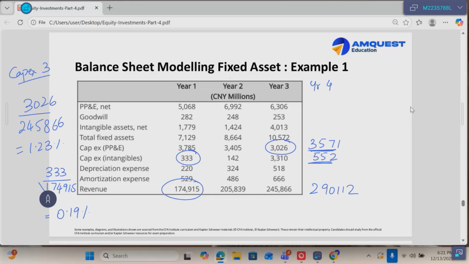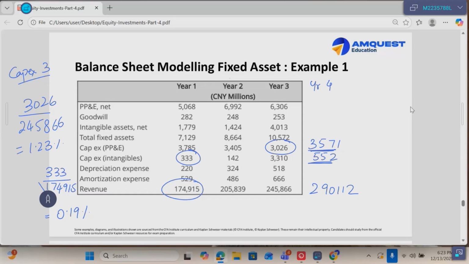Let's see next. Goodwill is to remain at year 3 level. So no change in goodwill. We don't have to do any adjustment for that. Depreciation at year 3 level relative to the opening net asset balance. That is depreciation relative to net PP&E and amortization relative to opening intangibles. Okay. So depreciation at year 3 level relative to opening net asset balance.